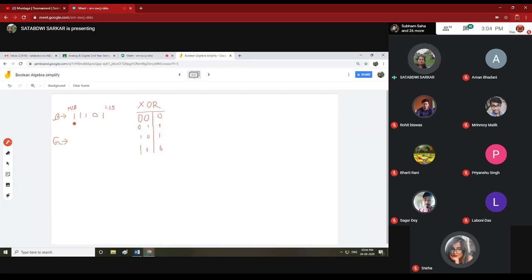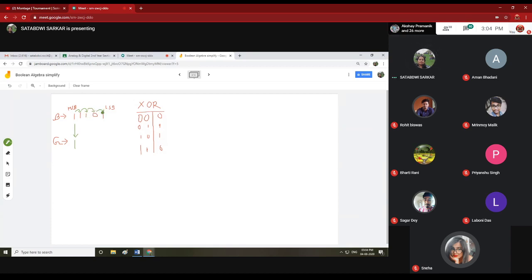For the first MSB position, we put this value as it is. If it is 1 or 0, anything, we will put same as it is. Next, we will do the XOR operation with the next binary value.